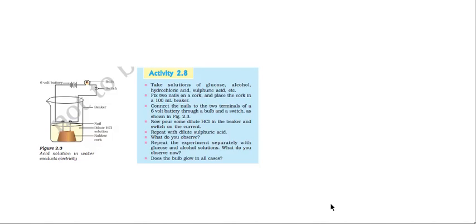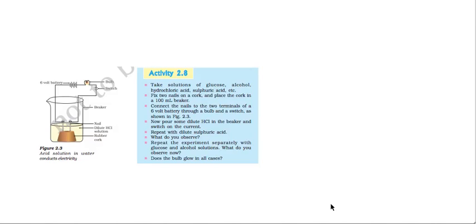to that setup, so that when you switch on the battery or switch on the setup, then we can see whether the circuit is complete or not, whether the current is passing through the circuit or not. Now you can use any of these solutions in the beaker and try passing electricity through it. What are you going to observe?